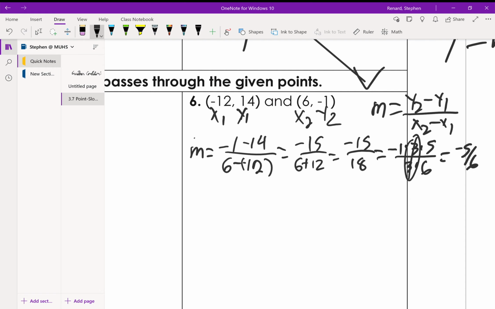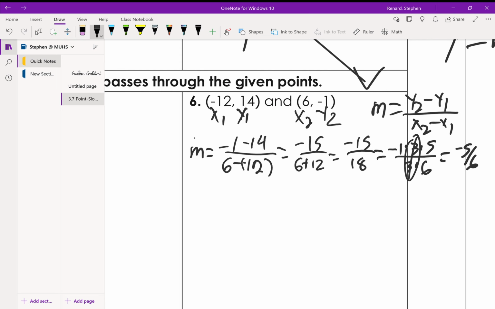Now we have 2 points here, and we can use either one of them to get to point slope. Here, I'll show you.